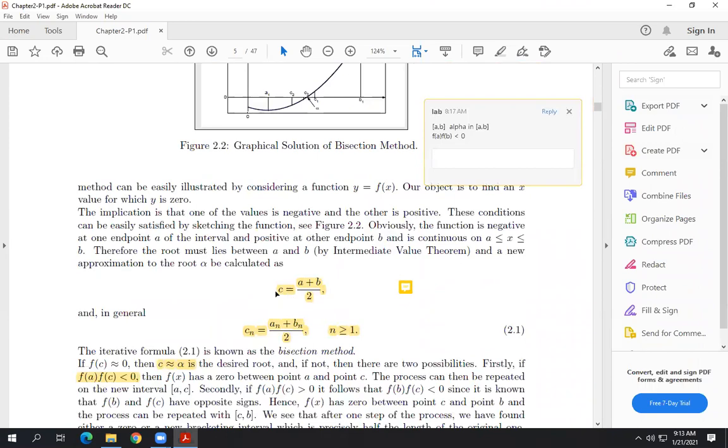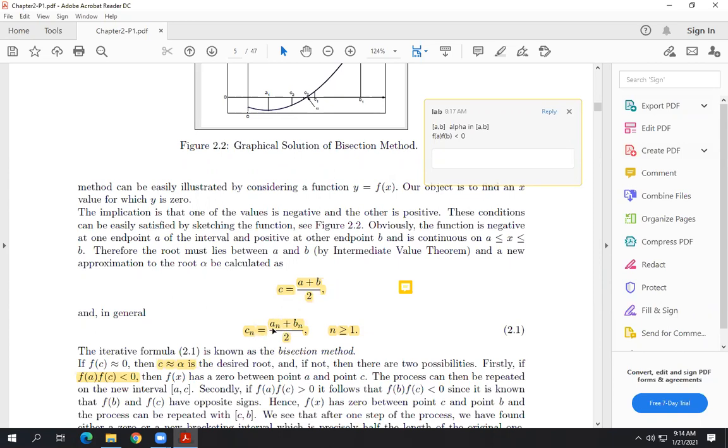This is called the bisection formula: c equals (a plus b) divided by 2. a is the first initial approximation, b is the second, and c is a new approximation.